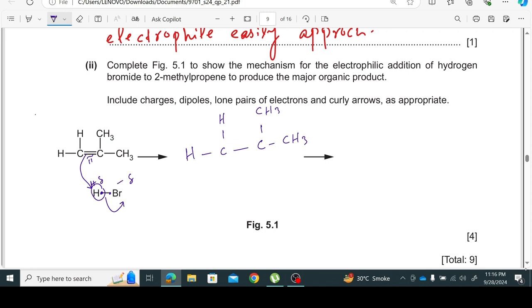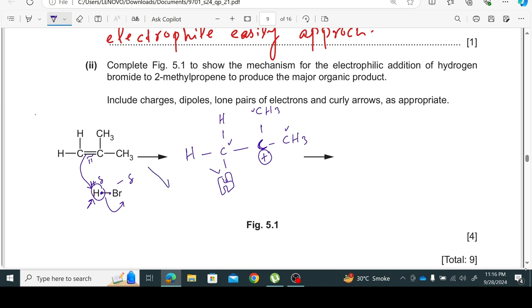If I attach hydrogen on this carbon, for example this hydrogen, I will get a carbocation on this carbon. This carbon is further connected with this carbon, primary, this and this. So it is a tertiary carbocation, and a tertiary carbocation is more stable.